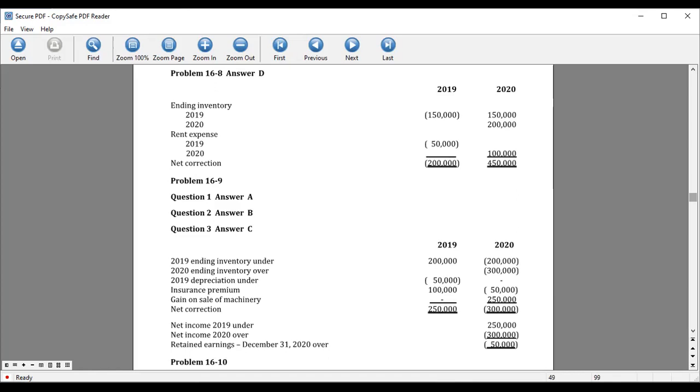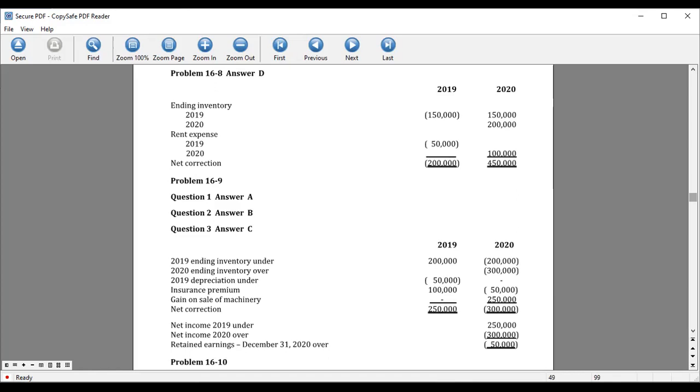Again, we have to correct by deducting the amount of 200,000. Next, we have depreciation understated by 50,000, and an insurance premium of 150,000 was prepaid in 2019 to cover 2019, 2020, and 2021. The entire amount was charged to expense in 2019.